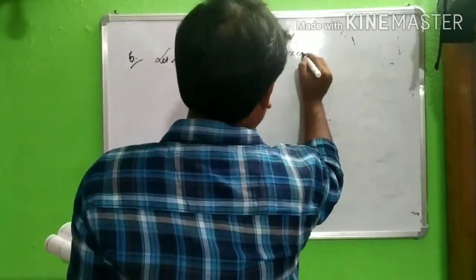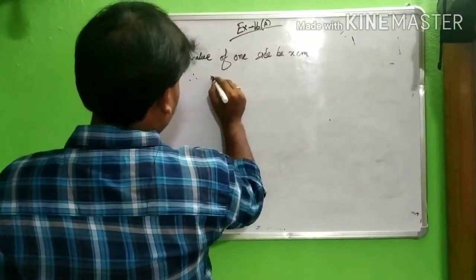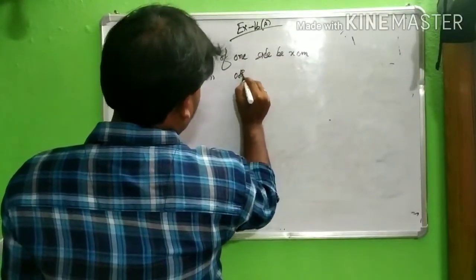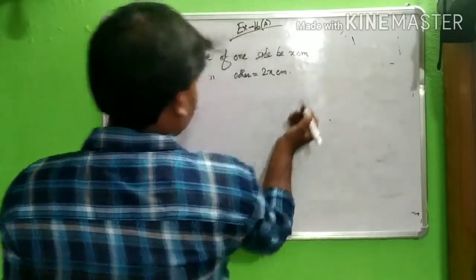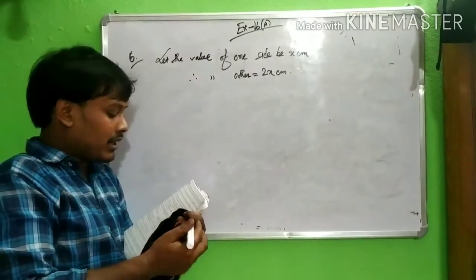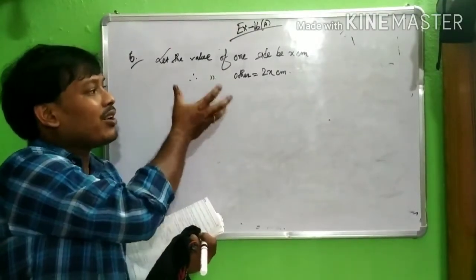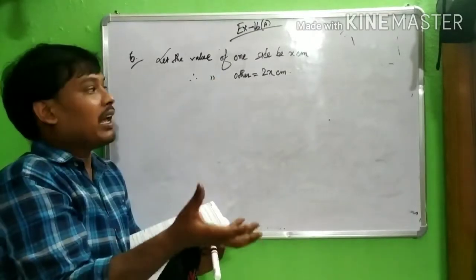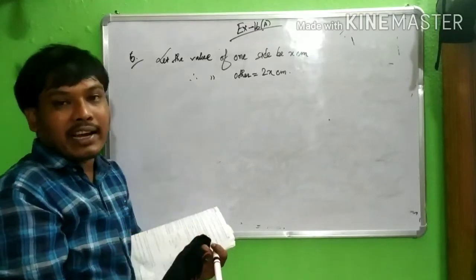Centimeter. So x centimeter. Therefore the value of the other is double, that means 2x centimeter. Here the area is given, and by using the formula we get one area, and both are areas of the trapezium, so both areas are equal.